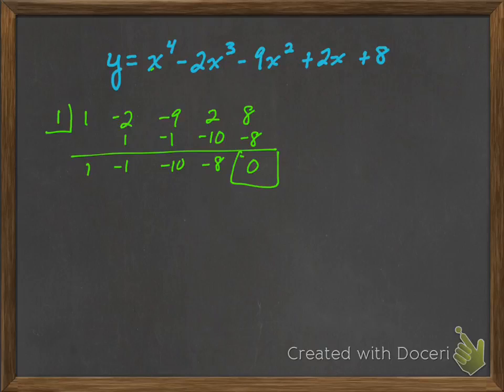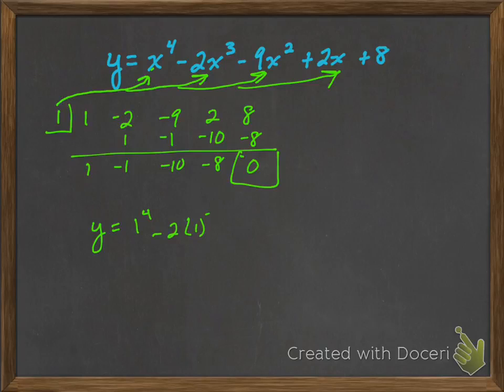Now what that means is that if you took this 1 and substituted it in for x everywhere in this polynomial, you would end up with a value equal to this remainder, which is 0. So let's try it. Y equals 1 to the 4th minus 2 times 1 cubed minus 9 times 1 squared plus 2 times 1 plus 8.